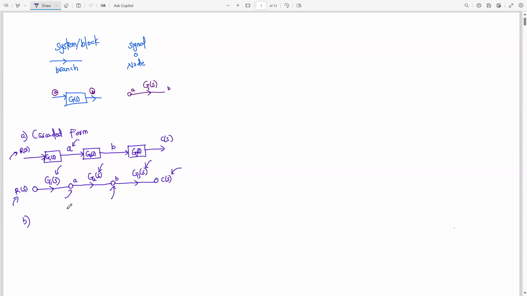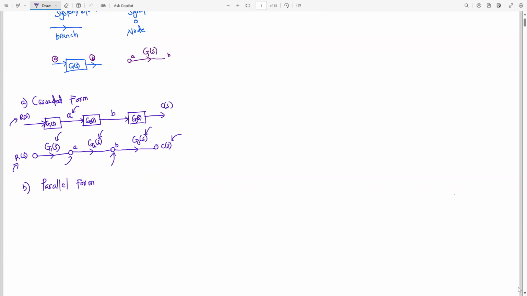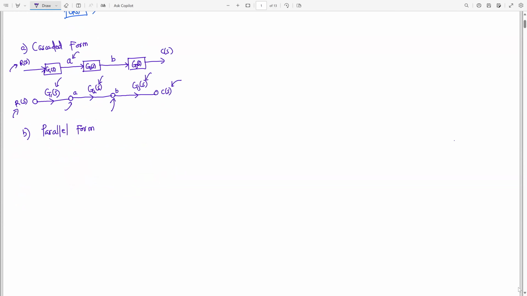The second form that we'd like to treat is the parallel form. We already know that the parallel form has summing junctions in there and then a pickoff point. So let me just draw an illustration here.